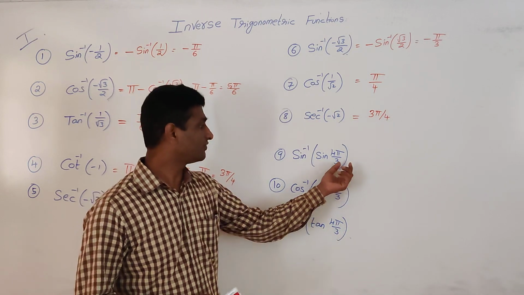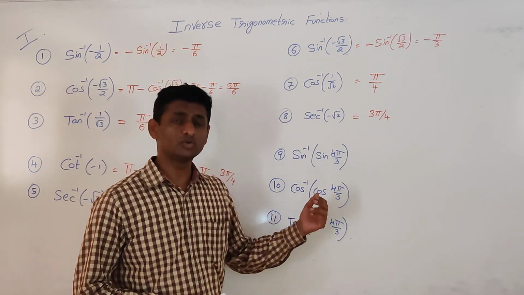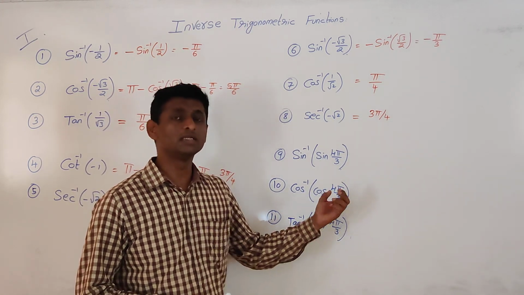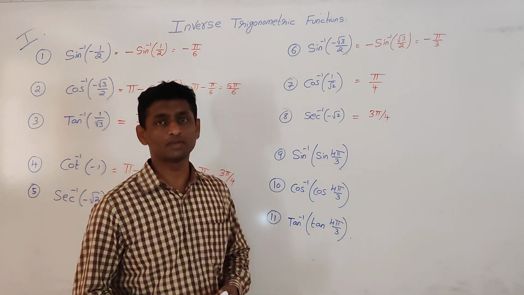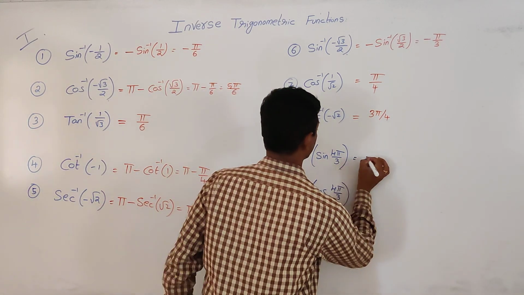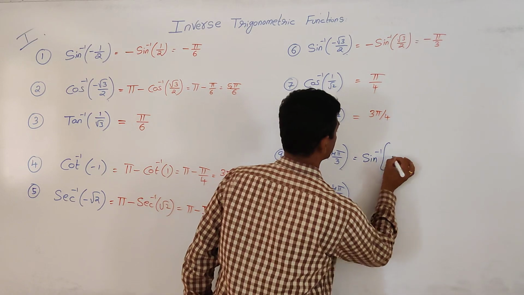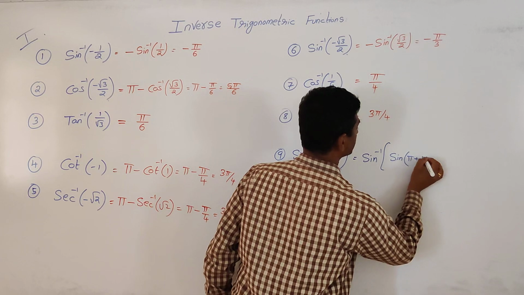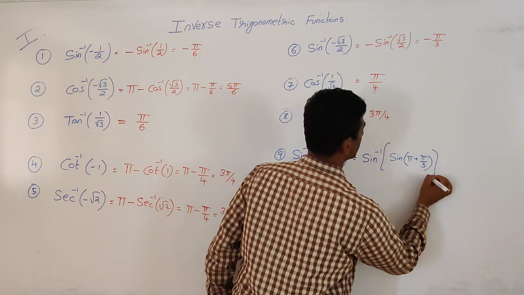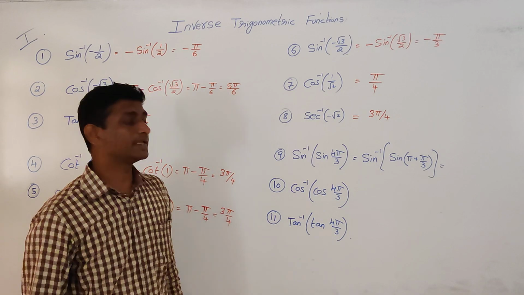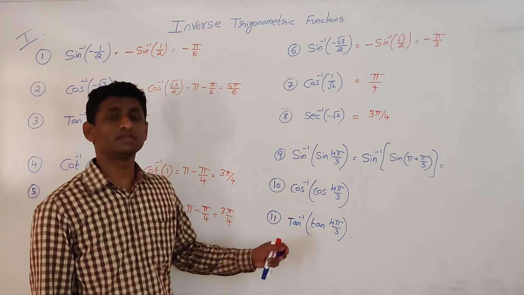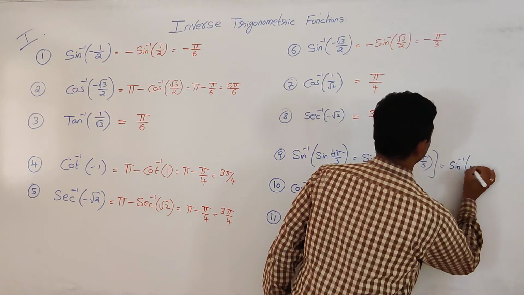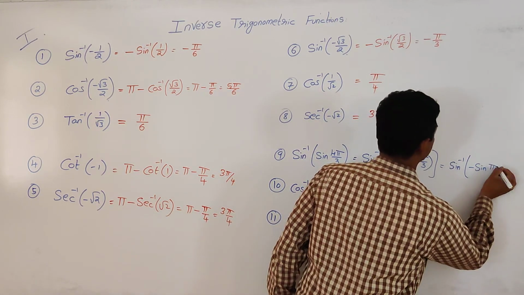For any given angle, we have to bring it into the known domain, that is the closed interval minus pi by 2 comma pi by 2. So sin inverse of sin of 4 pi by 3 can be written as sin inverse of sin of pi plus pi by 3. Now it is what form? Sin of 180 plus theta. Sin of 180 plus theta is minus sin theta. So sin inverse of minus sin pi by 3.